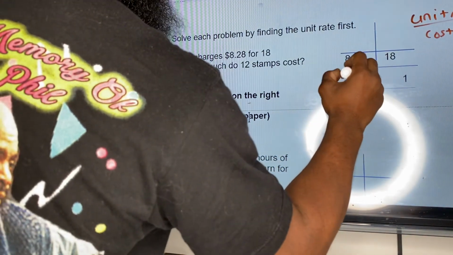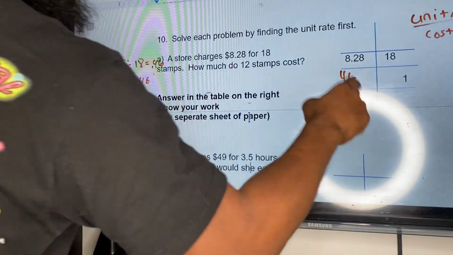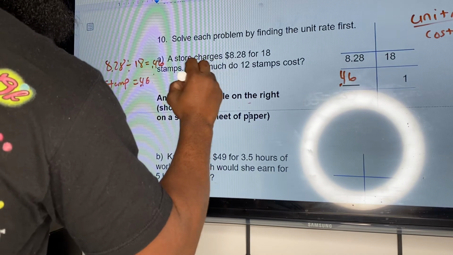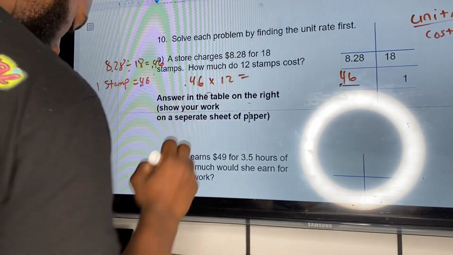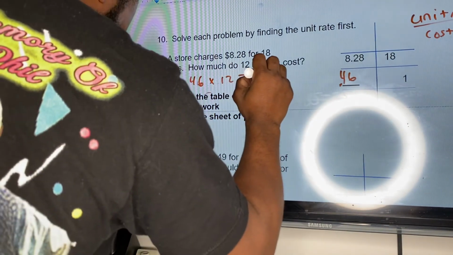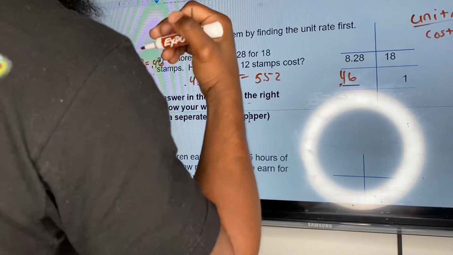So we got that here. Now we want to find out how much 12 stamps cost. If we know each stamp is 46 cents, we take that and multiply it by 12 stamps, and we will get $5.52. So 12 stamps cost $5.52.